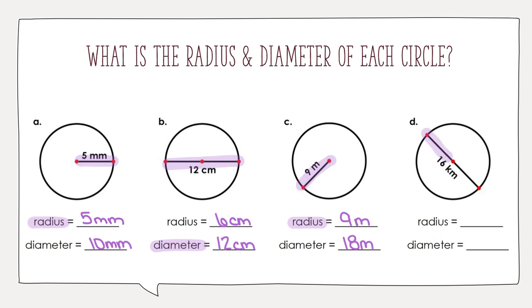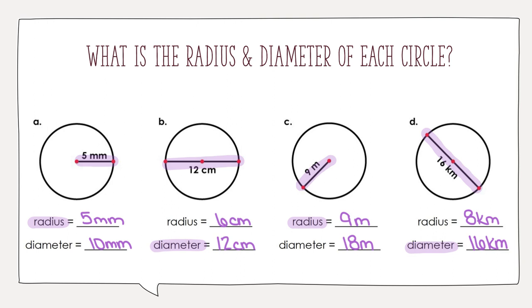The 16 kilometer segment, is that the radius or the diameter? Good. That is the diameter. So if the diameter is 16 kilometers, what is the radius? 8 kilometers. Very good. All right. Take about a minute or two and finish E through M. And then we're going to find out who's going to give us the answers.